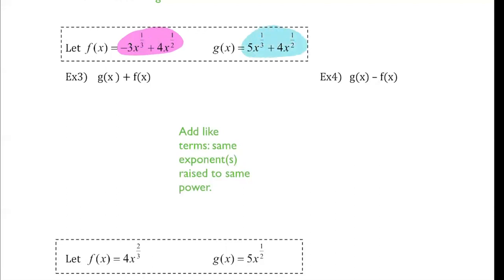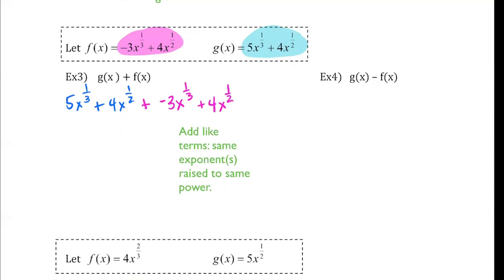And here's g of x, and I'm supposed to add g of x to f of x. I'm going to do this in the order that it's telling me just to be safe. So g of x first, 5x to the 1/3, and 4x to the 1/2. And I'm going to add to that f of x. This is a negative 3x to the 1/3.